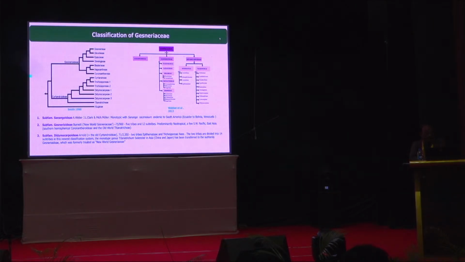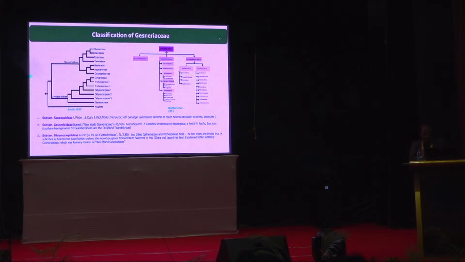The subfamily Anangoideae, which is monotypic, is mostly distributed in South America, while the subfamily Gesnerioideae is the neotropical Gesnerioids, which include a few Old World members like Titanotrichum as well as the hemispherical Ornithoboea.